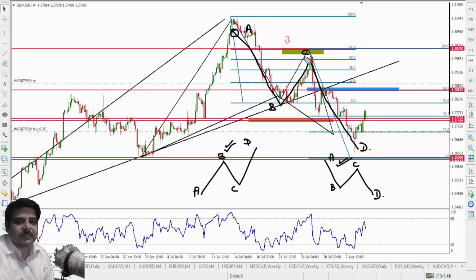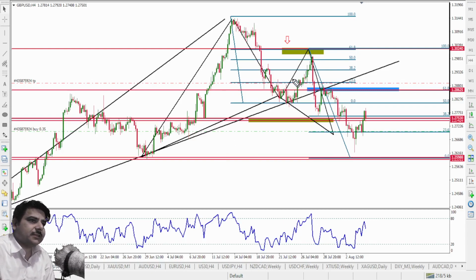Now this is a very big impulsive wave, but definitely if you practice this particular strategy on the lower time frames, especially if you are not familiar with the ABCD pattern, you can give it a try on demo accounts, and I'm sure you will understand it very easily in very less time.